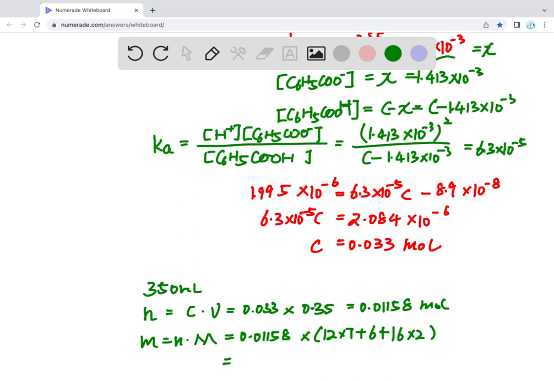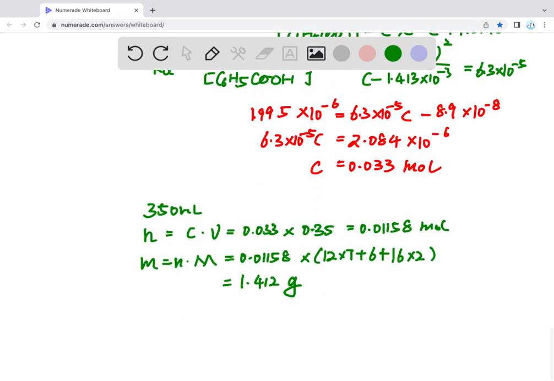So the answer would be about 1.412 grams. So you can see you can choose C as the right answer. That's it.